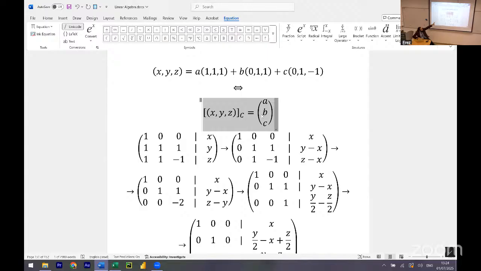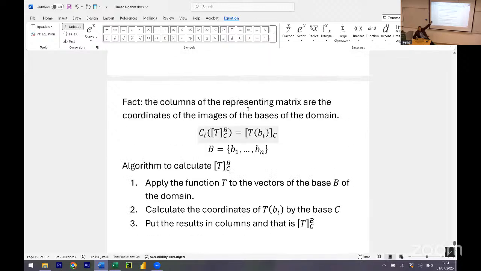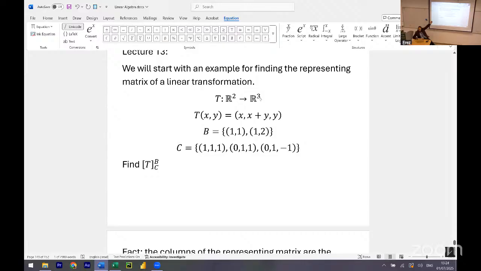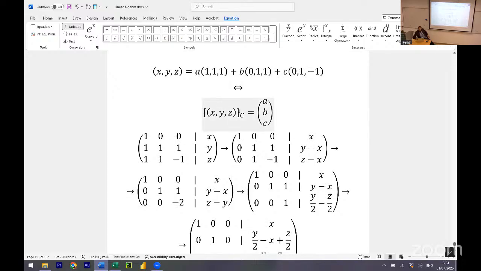So this has nothing to do with the function. You don't see T here at all. Here we're simply asking how to represent a vector of R3 using this base. So that's a general ability.